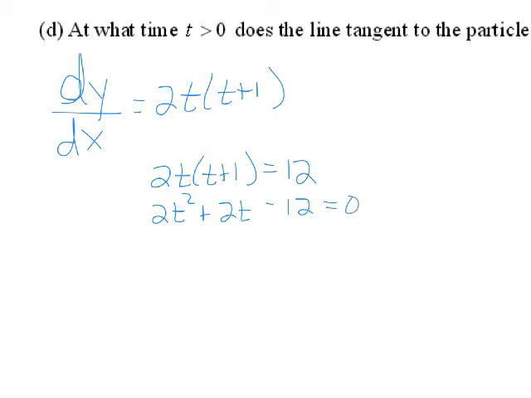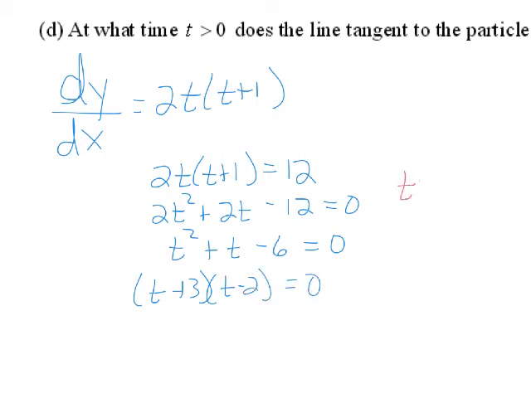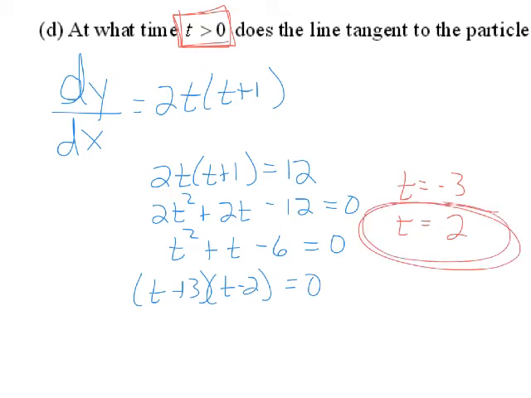Looks like we have a quadratic, and as we factor the quadratic down, we see that it is t plus 3 times t minus 2 is equal to 0. So at time minus 3 and at time 2 it has a slope of 12, but because they specify only when t is greater than 0, we only want that time.